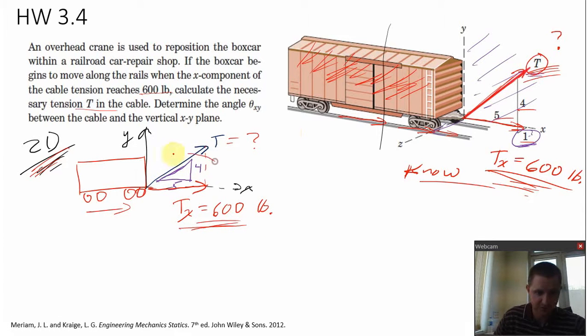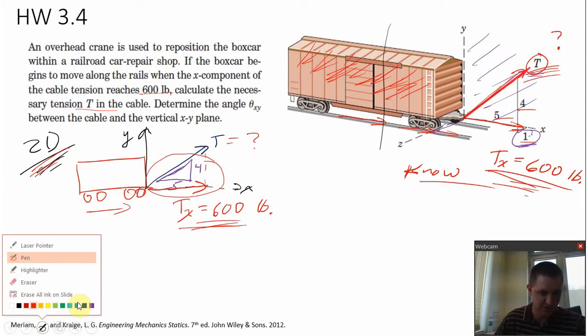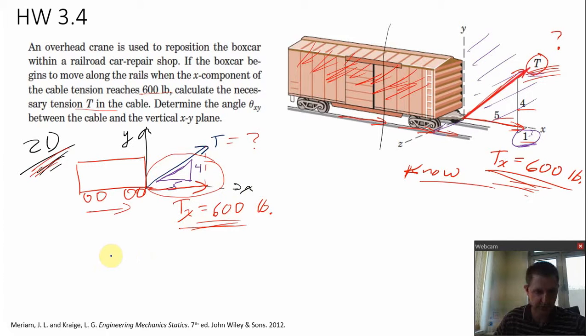Well, from this ratio, we've used these ratios before, I can find the X component of the vector by taking the magnitude T times, now this leg 5 of the right triangle is parallel to the x-axis, so 5 divided by the length of the hypotenuse, which is the square root of 5 squared plus 4 squared.